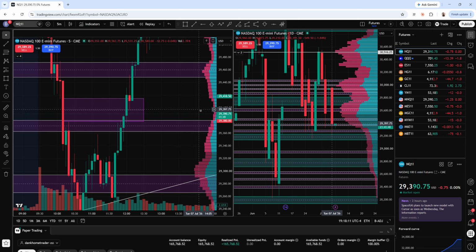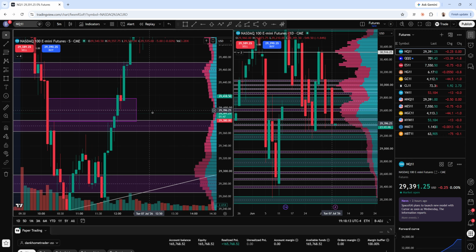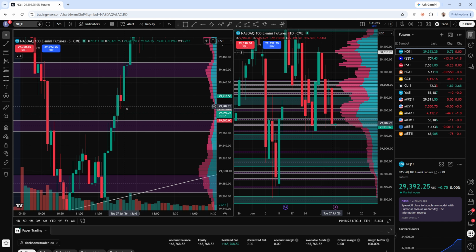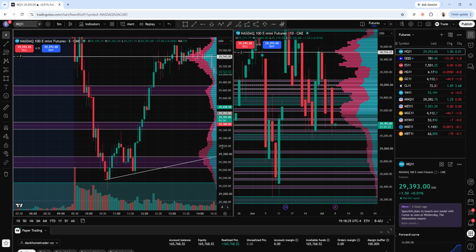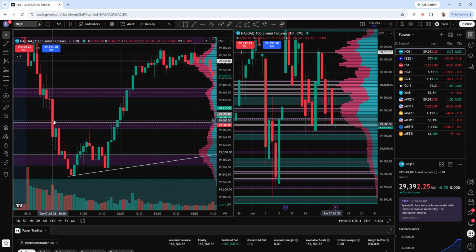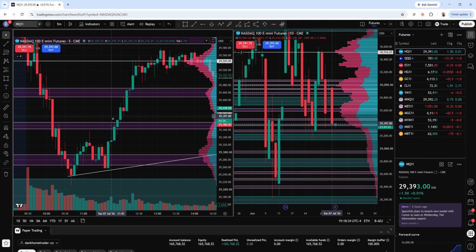But most of the time, the hourly levels, or the hundreds and the 50s, play as kind of natural psychological pivots. So it doesn't really matter to me. I don't really follow the ICT concepts. This does represent an imbalance, which is what ICT I think calls fair value gaps. But it doesn't really matter to me.